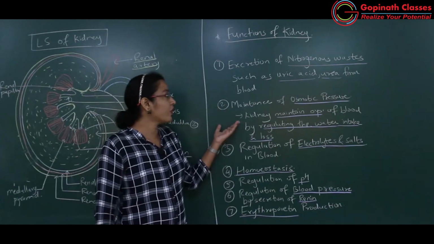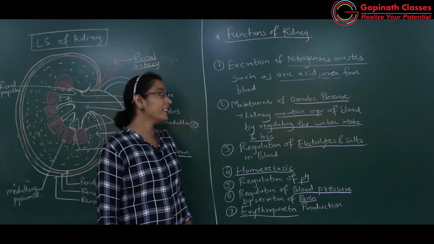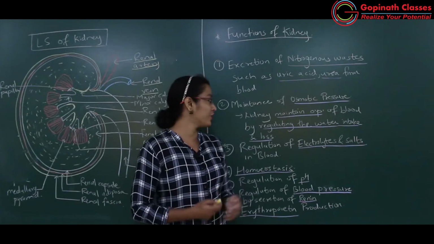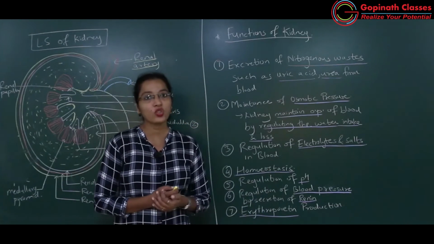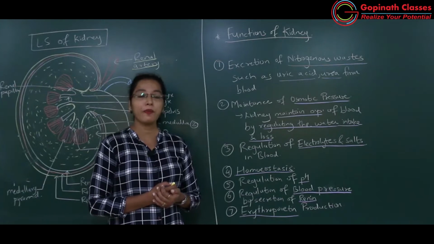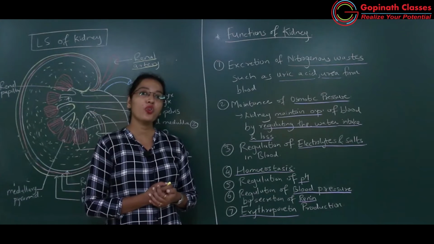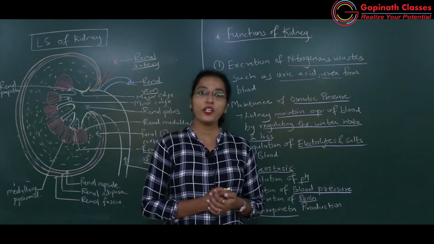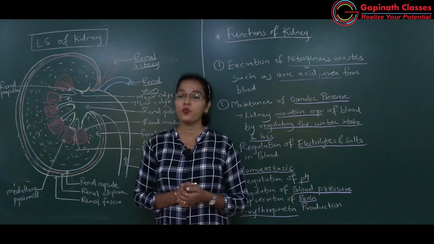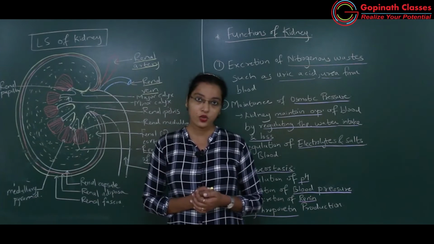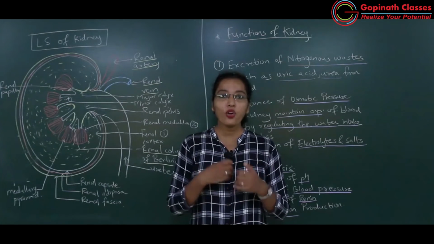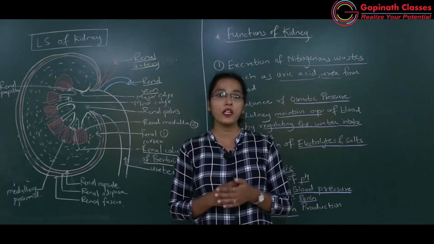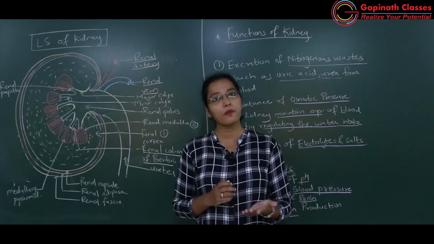Okay, then second function, it also maintains osmotic pressure. Osmotic pressure of the blood remains constant because it maintains the amount of water in the body fluid. If in the body fluid water content is more, if intake of water is more, definitely the volume of water in the blood and body fluids will be more.